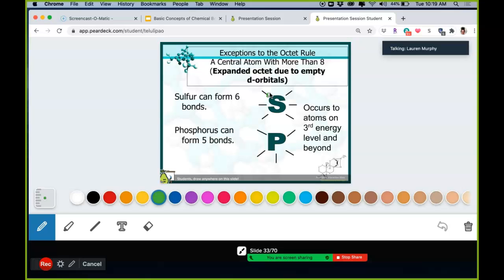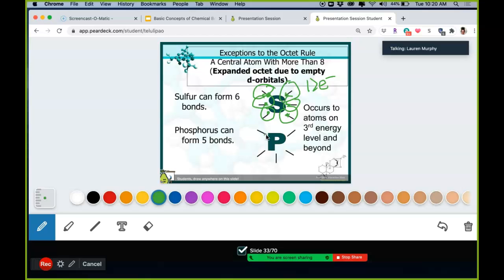So it has the potential, it could bond all 6 times. And if it did, it would have 2, 4, 6, 8, 10, 12 electrons around it. And it is totally fine that way. Now, it doesn't mean it will always do this. It just can do this if necessary.